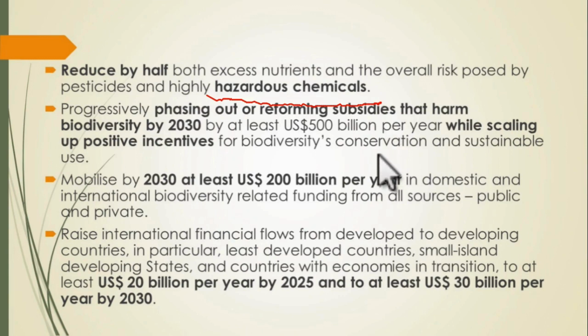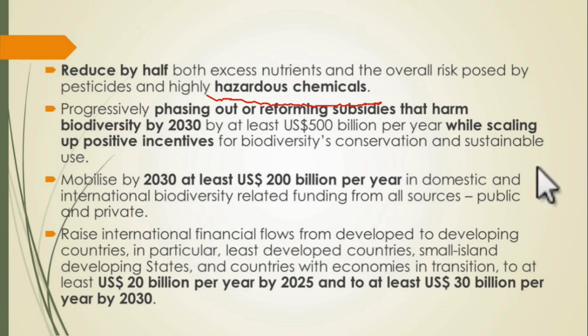Phasing out the subsidies which go to these harmful pesticides and fertilizers. Slowly we have to phase out, and by 2030 they are keeping the target of US dollar 500 billion subsidy to be reduced.